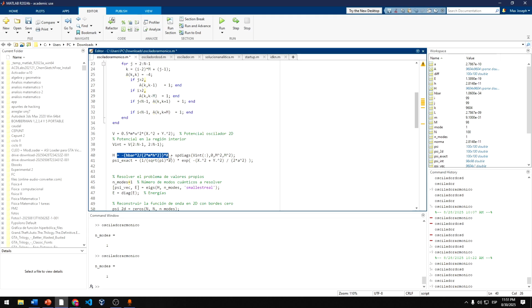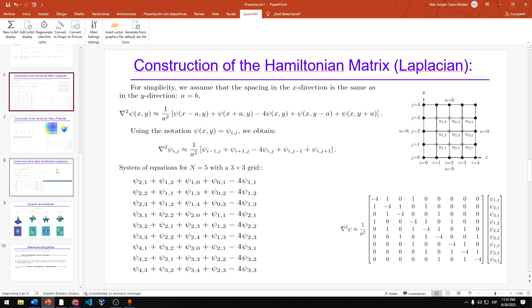H es la matriz hamiltoniana: aquí multiplicamos ese término escalar por el operador nabla, más este comando spdiags, que ordena de manera diagonal, como dije anteriormente.